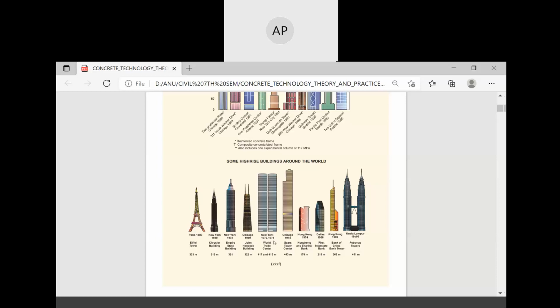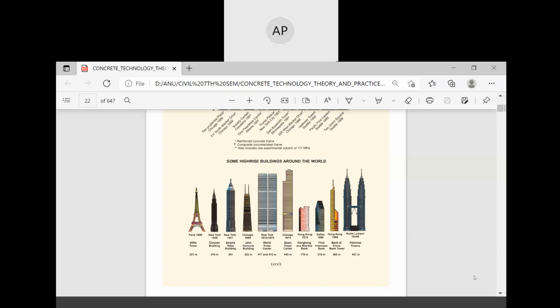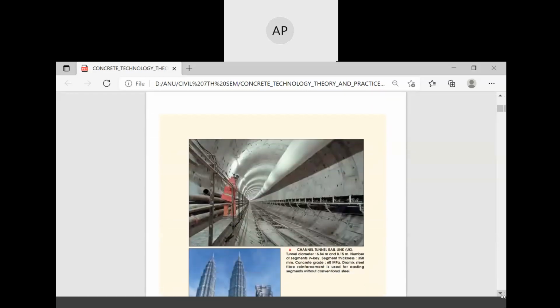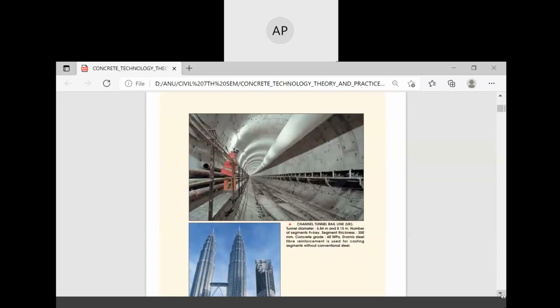That's One World Trade Center. Sears Tower, Chicago. Petronas Tower, Kuala Lumpur. So these are the high-rise buildings. Okay. This is the Channel Tunnel Rail Link, UK.